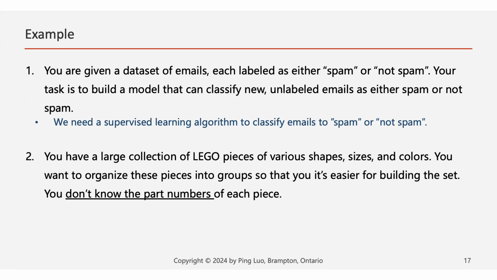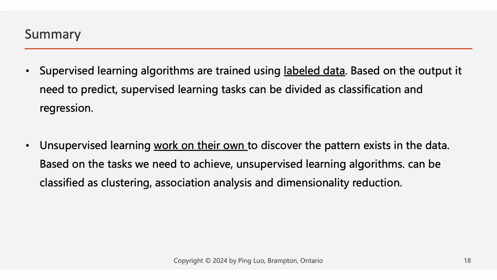Is this supervised learning or unsupervised learning? Right, that's right. It's unsupervised learning, clustering. It just puts them into different groups based on the size and look of them. That's all about machine learning. Any questions about them?